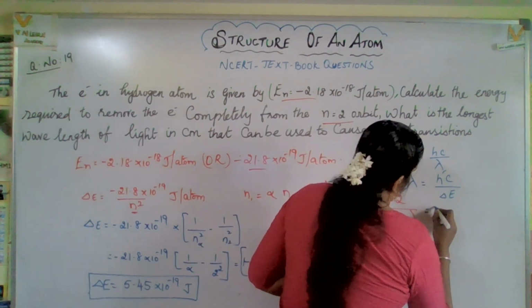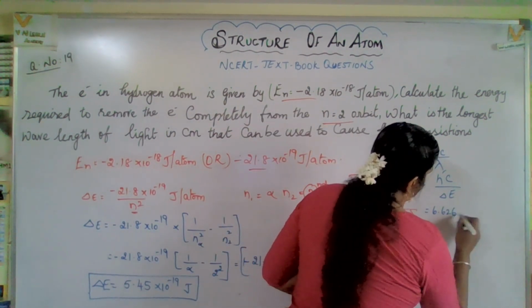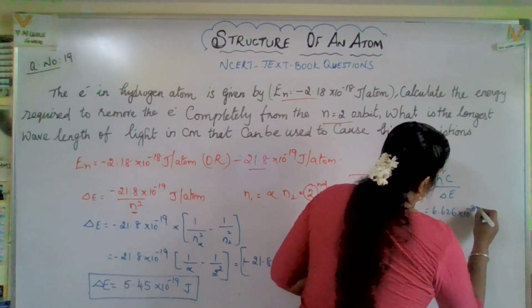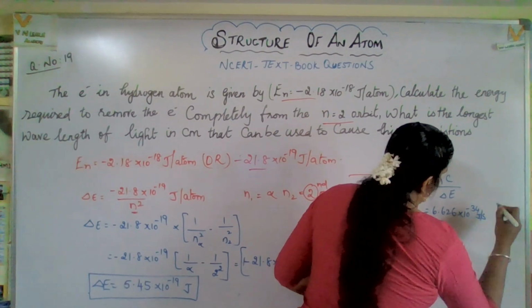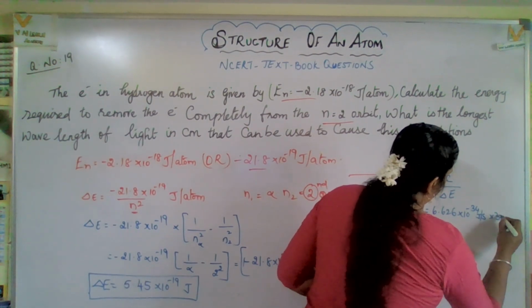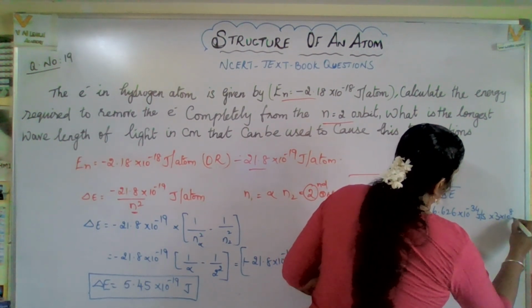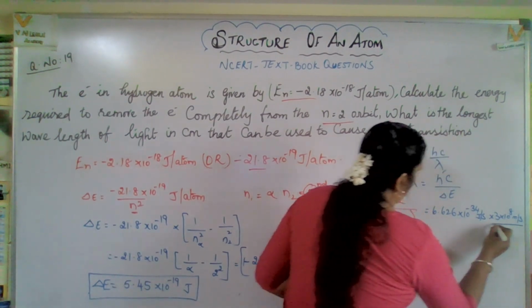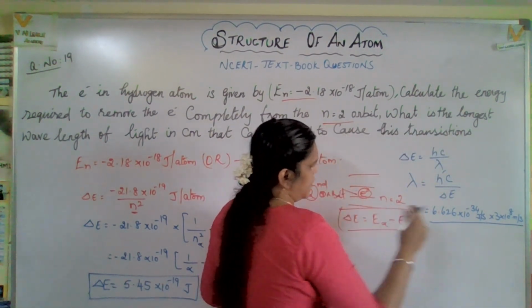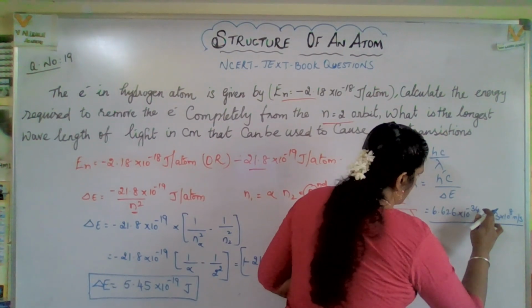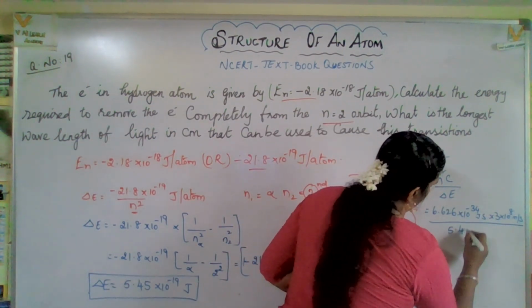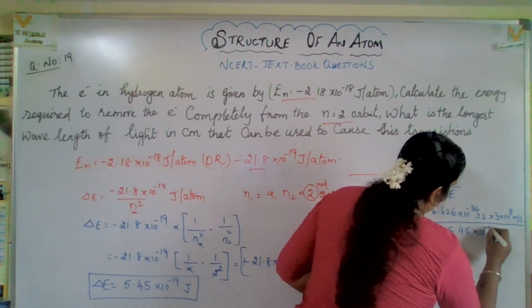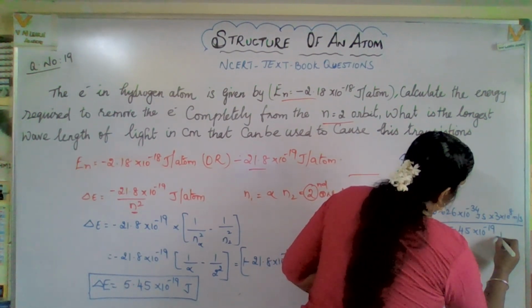So here 6.626 into 10 to the power of minus 34 joule second into 3 into 10 to the power of 8 meter per second divided by 5.45 into 10 to the power of minus 19 joule.